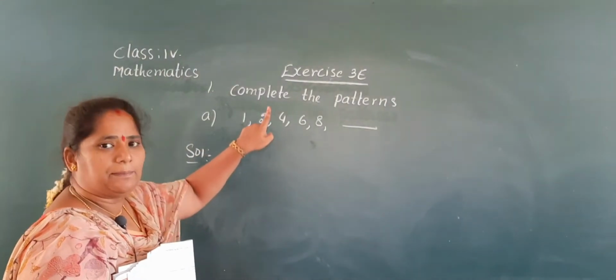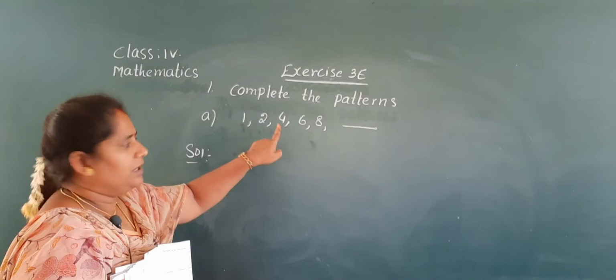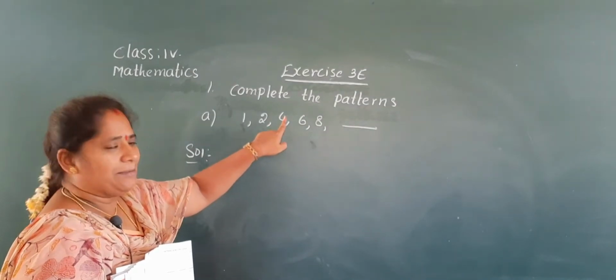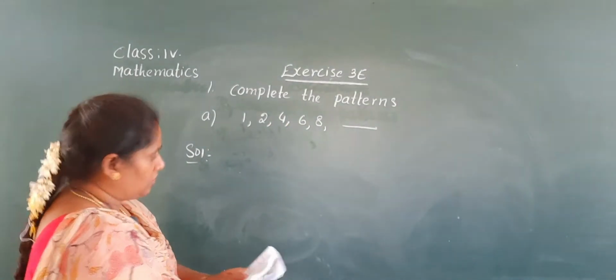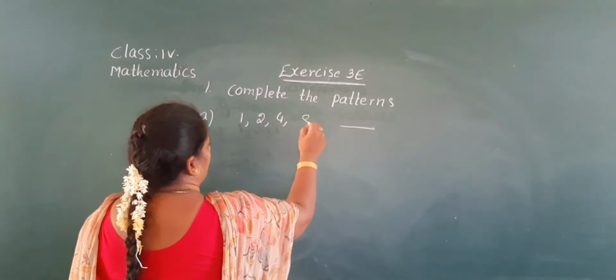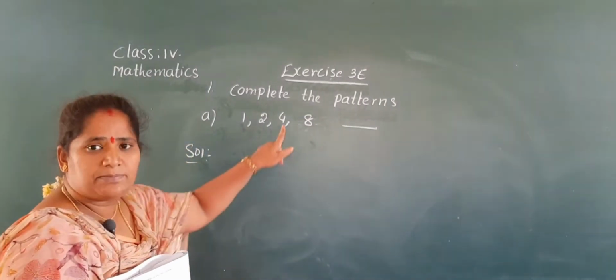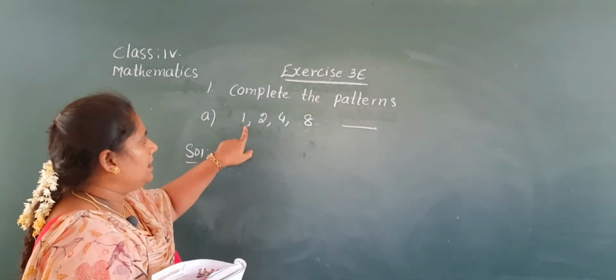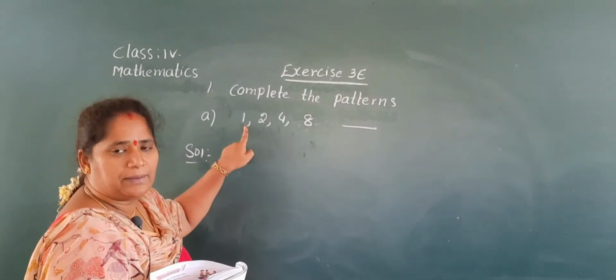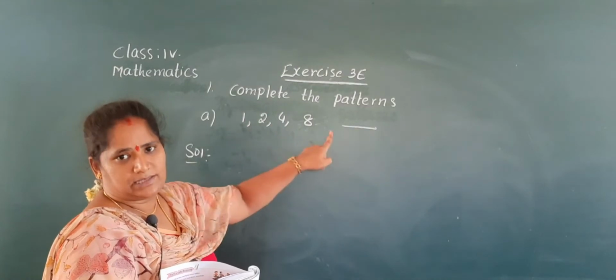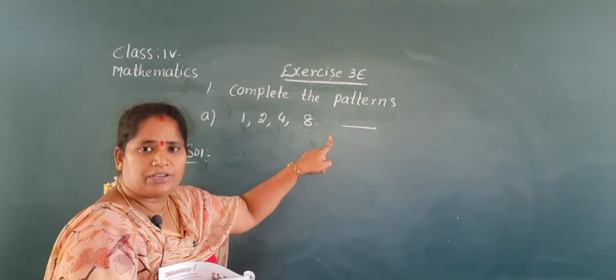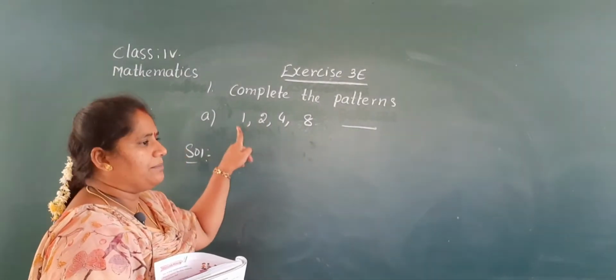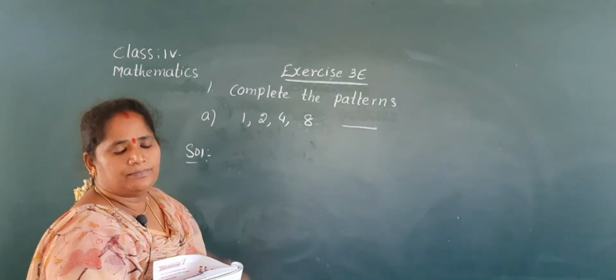If 2 is multiplied by 2, we get 4. If 4 is multiplied by, sorry, here 6 is not there. 1, 2, 4, 8. If 4 is multiplied by 2, we get 8. So here we are multiplying each number by 2 to get the next number. Is it clear to you, children? See, observe these two numbers, 1, 2.